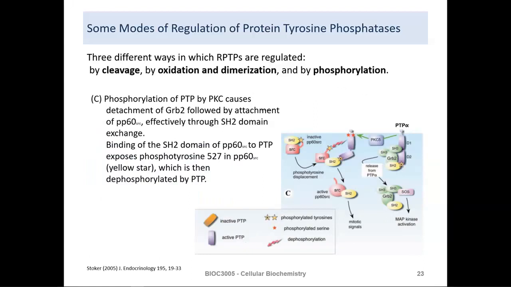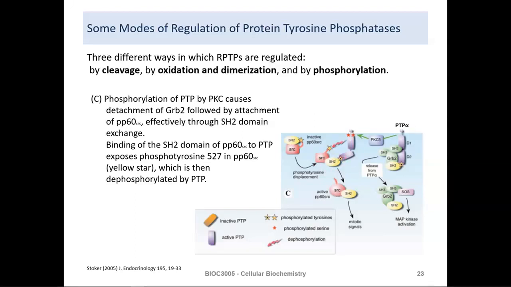The last type of regulation is by phosphorylation. Here we can see that protein tyrosine phosphatase can be phosphorylated by a protein kinase C, which will cause the detachment of the GRB2. The PTP can then attach to the pp60 SRC through the SH2 domain.